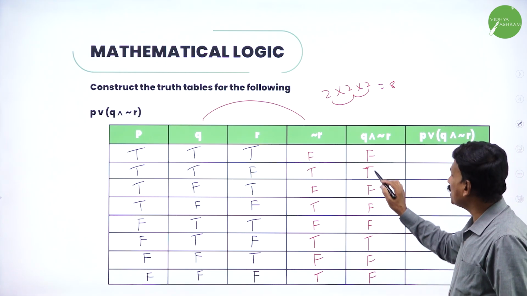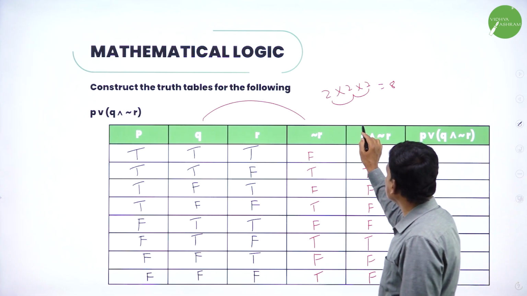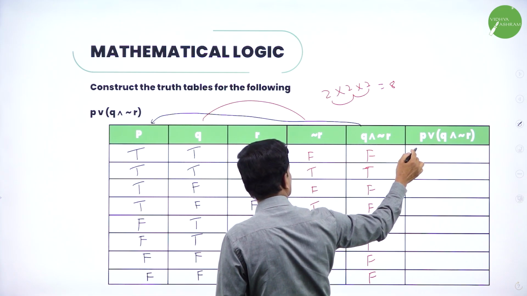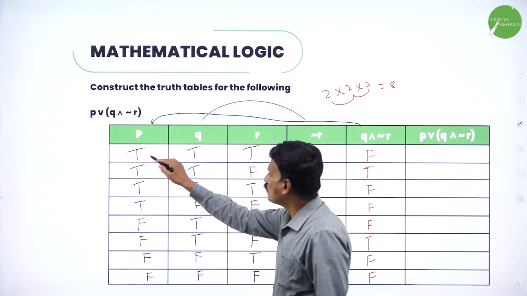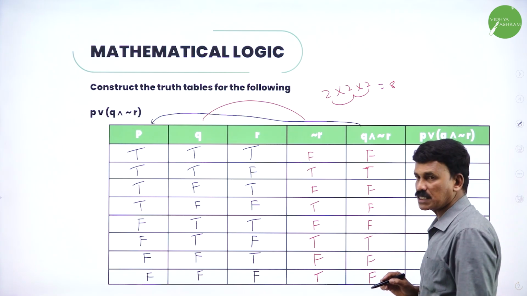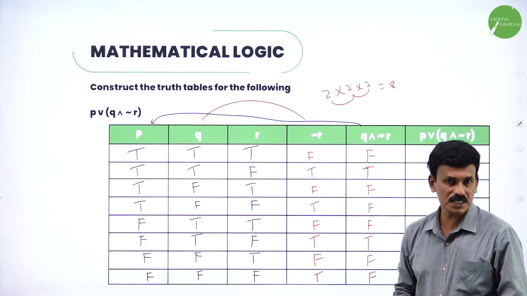Next, the last column, P disjunction Q conjunction negation R. So, first column and last column, for this we are going to write the disjunction. Disjunction means false and false is false; in all other cases, it is true.